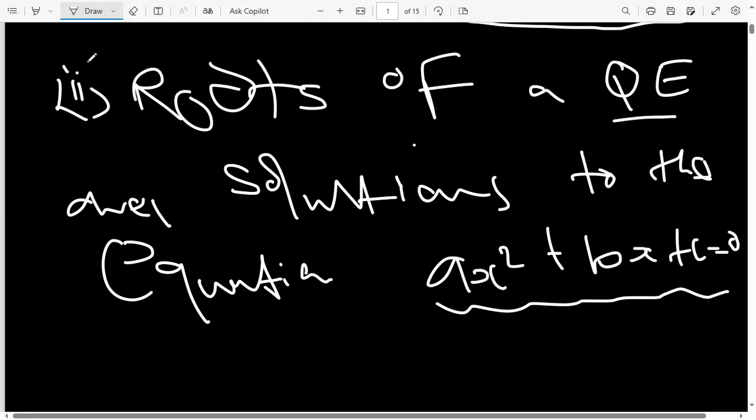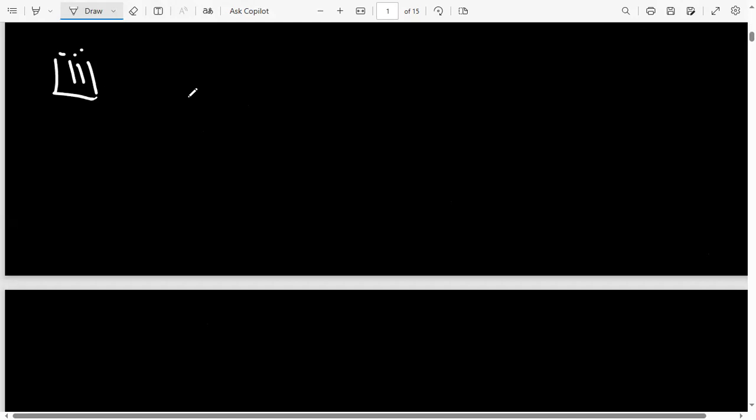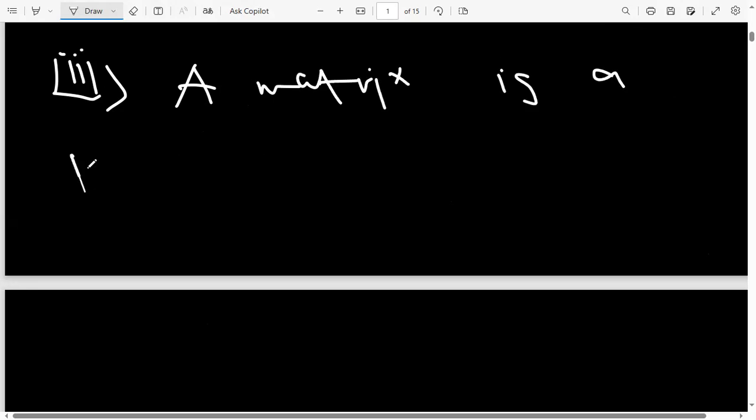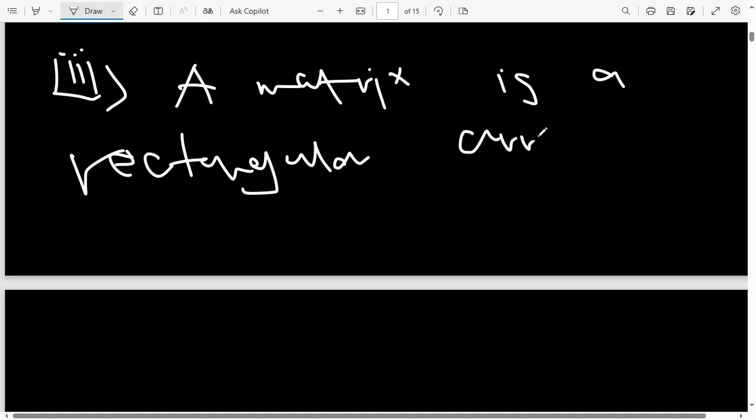The third definition says define what a matrix is. A matrix is simply a rectangular array of numbers that are arranged in rows and columns. So you're going to say a matrix, forgive my handwriting, is a rectangular array like this. Some people say array, whatever, but just know the definition.